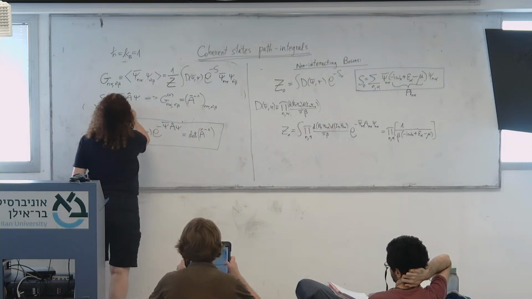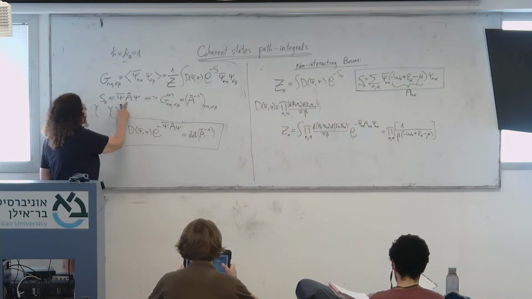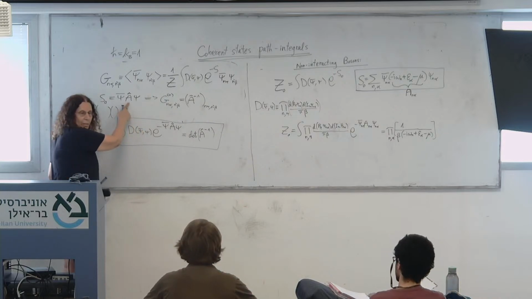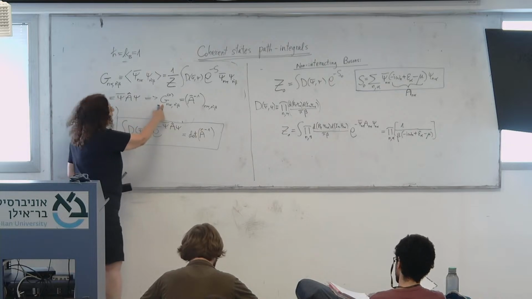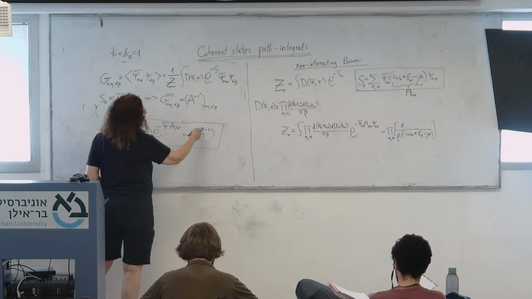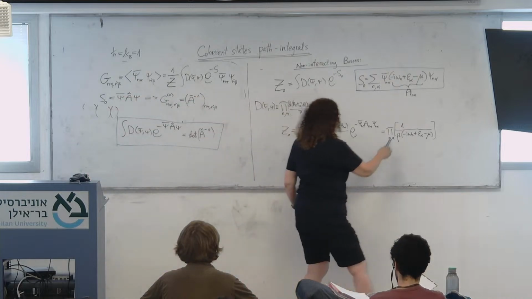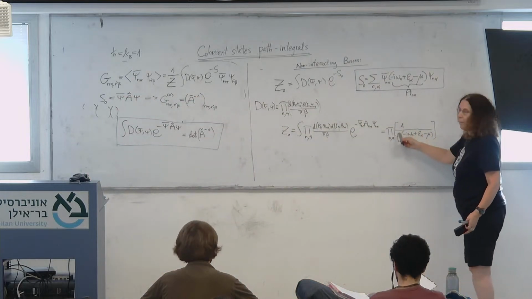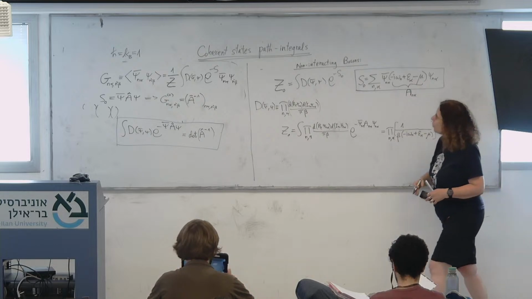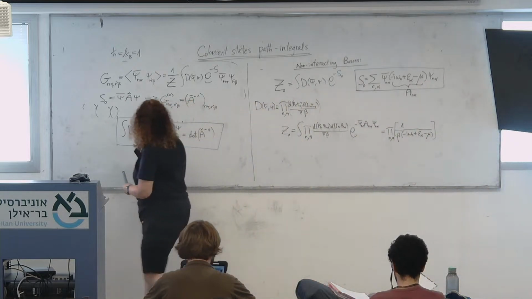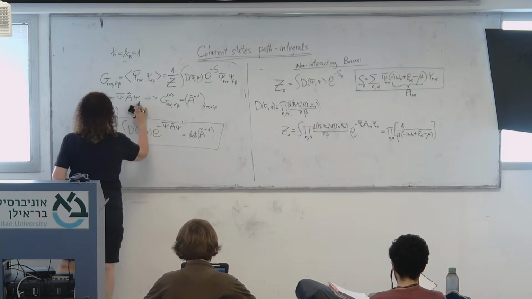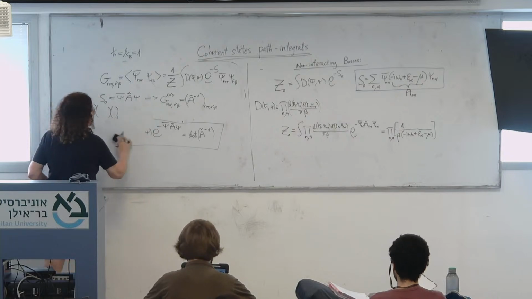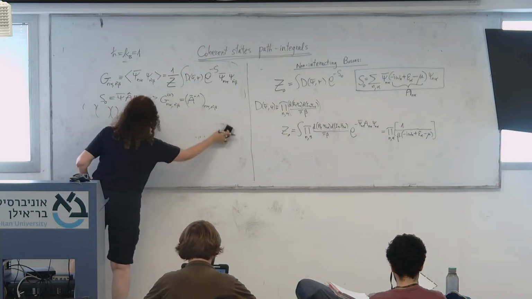Now, if you choose a basis where A is diagonal, then also G will be diagonal, and it will be just 1 over this omega. So let me write it down.